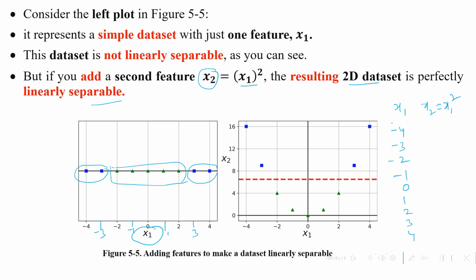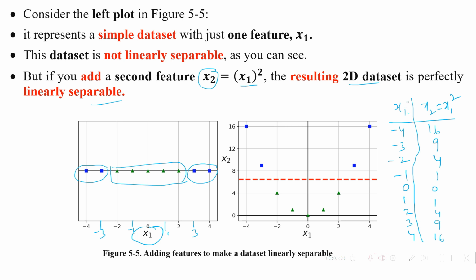Based on the actual data points, we create a new feature, x2 equal to x1 square. So the new x2 points are 16, 9, 4, 1, 0, 1, 4, 9, and 16.